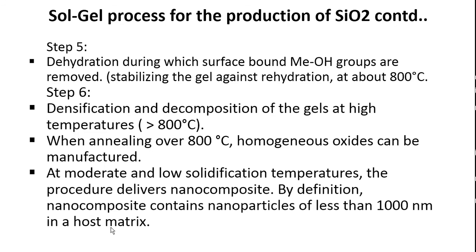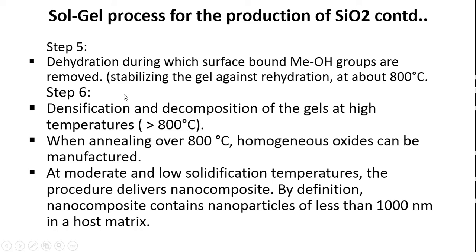Then what is step 5? Dehydration, during which surface-bound Me and OH groups are removed. Here Me means methyl or methanol group, and OH is hydroxide.